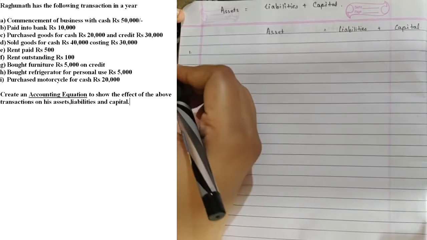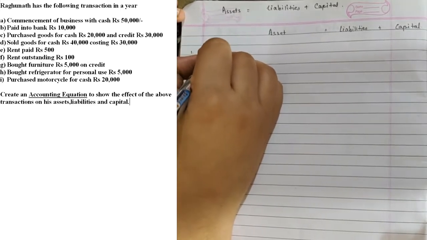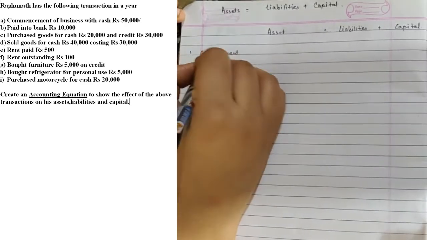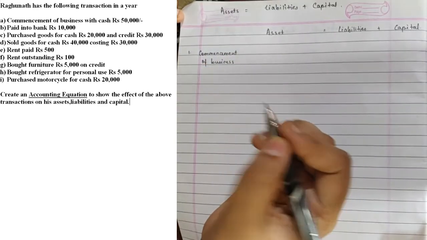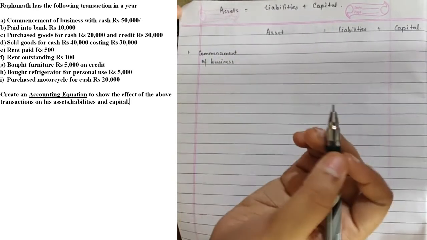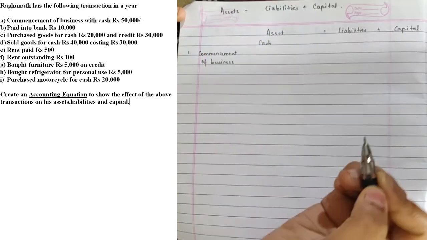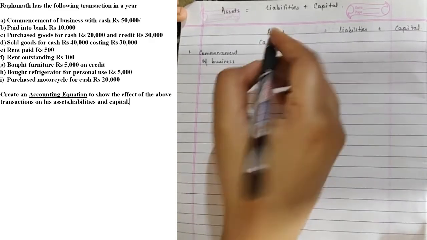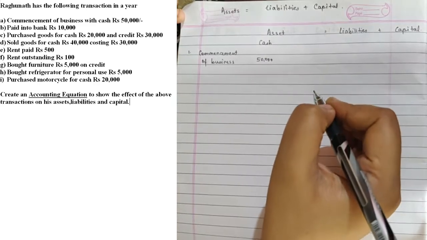So the first transaction is commencement of business. Raghunath has started the business with cash. So cash is my first asset. He has brought in 50,000 cash, so there will be an increase in cash by 50,000.